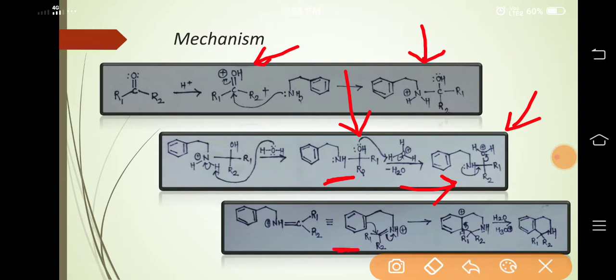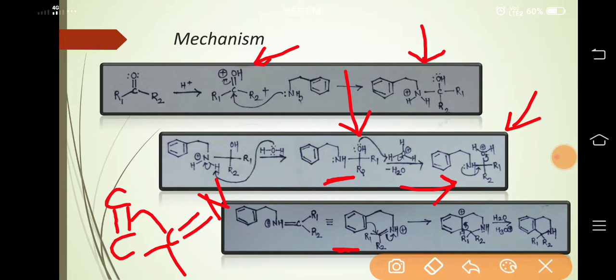Now here again a positive charge is generated at the nitrogen atom, which is again not good with respect to an electronegative element. So, to stabilize this positive charge, the carbon-carbon double bond in the aromatic ring will insert its pi electron pair at the LUMO, that is the pi star of the carbon-nitrogen of this iminium ion.